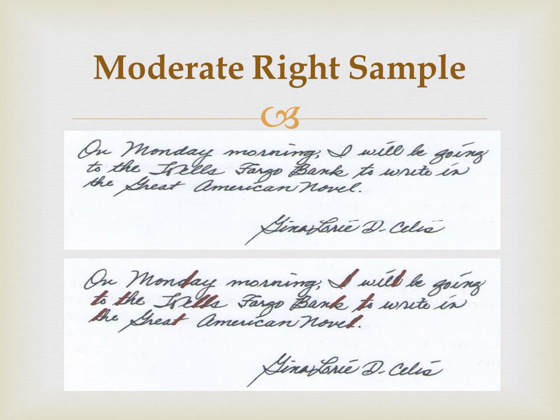The one below is the same sample but with red indicators illustrating this moderate right slant. If you were to use a protractor, you would find the angles of these red highlights to be in the range of a moderate right slant.